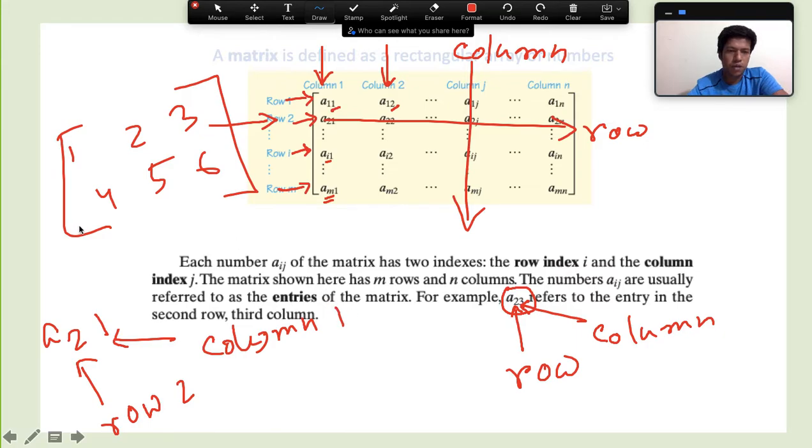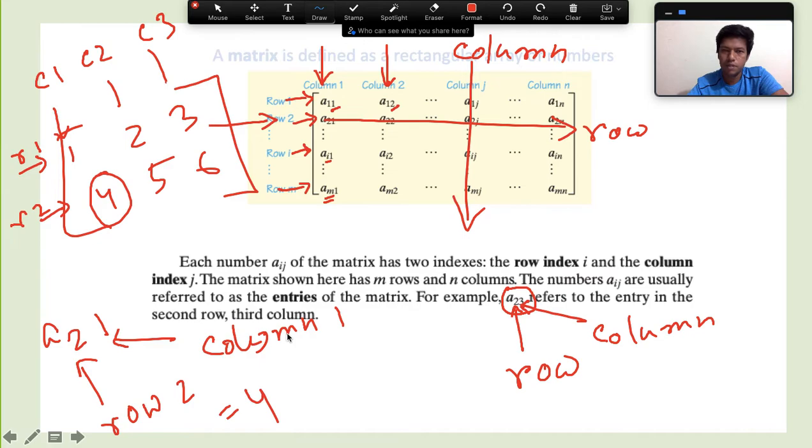This is row 1, this is row 2, and this is column 1, this is column 2, this is column 3. So row 2, column 1 is 4. And if I say row 2, column 3, that number will be 6.